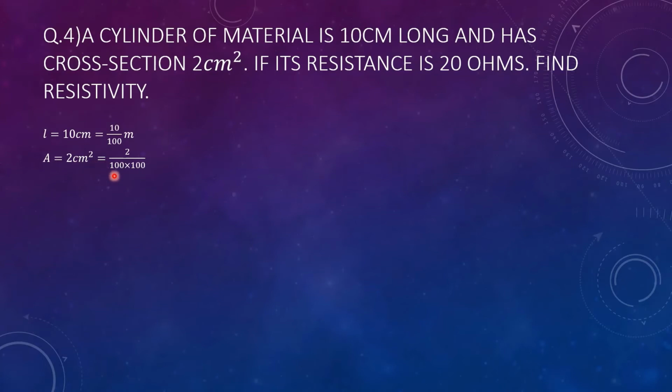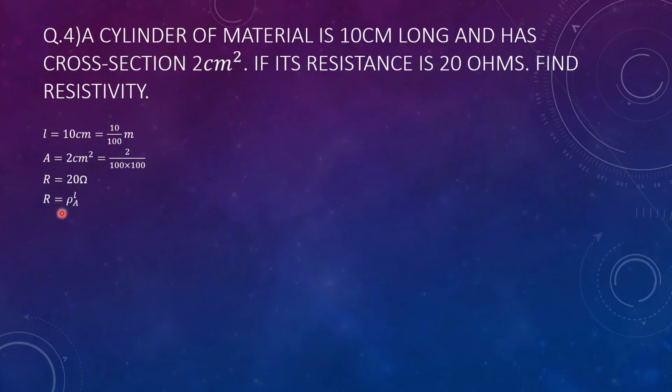So again it is 100 into 100. Length was given in centimeter, so divided by 100 to change in meters. Area of cross section 2 centimeter square, centimeter square we have to change in meter square. So 2 upon 100 into 100. L, A, and value of R is given 20 ohms.